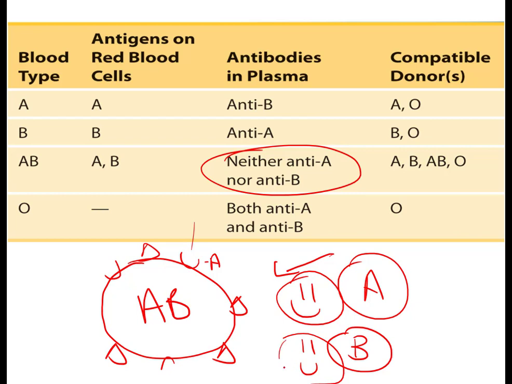Their body will accept it. So if you have type AB blood, you are what's called a universal acceptor. You can accept blood from type A, B, AB, or type O. All right? No matter what, this is great. AB blood can take blood from anybody and it'll be healthy and happy.